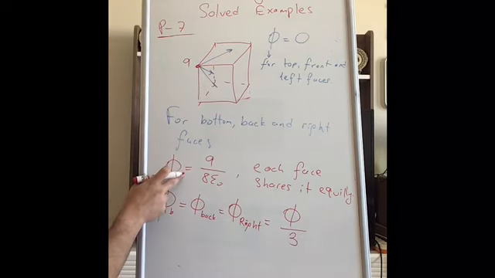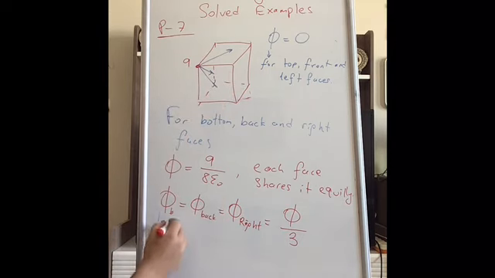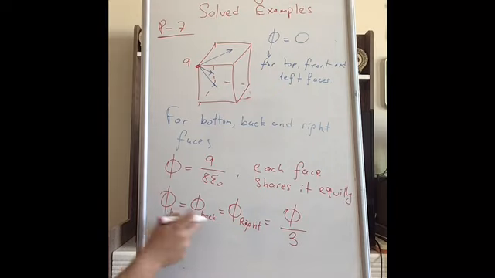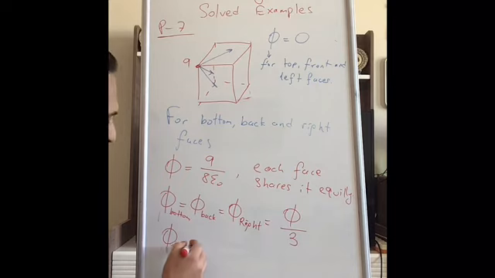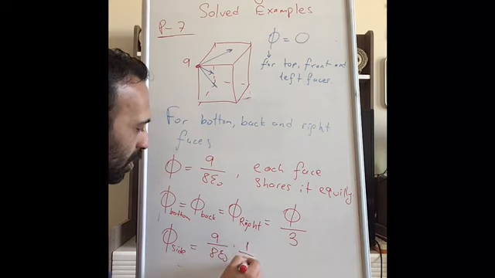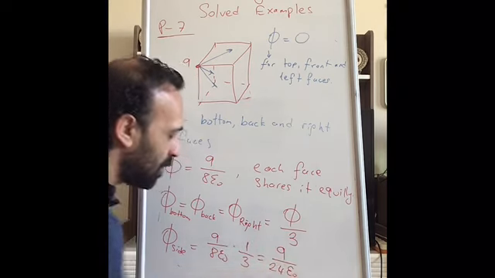If we plug in this total phi, we find phi for the bottom, back, and right sides will be equal to Q over 8 epsilon 0 times 1/3, which is Q over 24 epsilon 0.